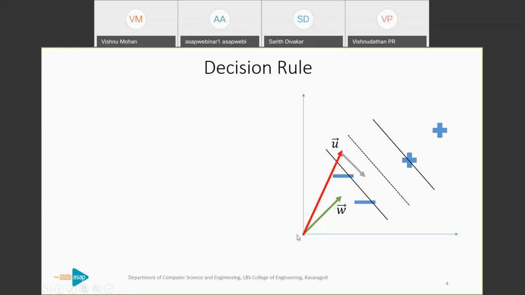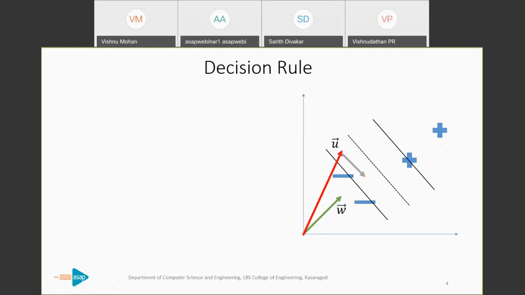Once you get the distance in this direction, you will come to know whether that particular sample U belongs to the left side or the right side. You will be able to tell which side of the street U is on.